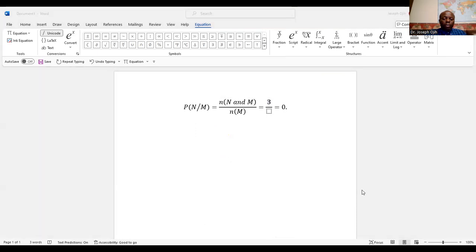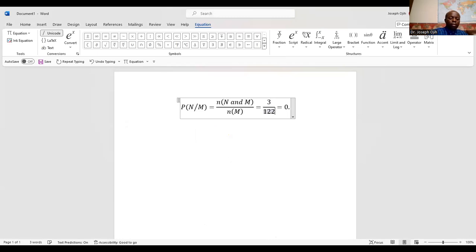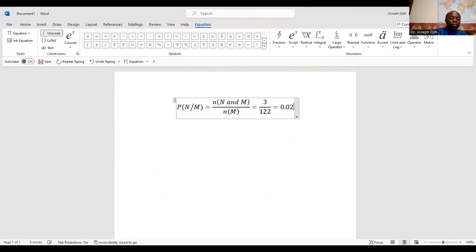The yes, that he used marijuana, is right here. It's 122. So it's going to be 0 point something. 3 divided by 122 gives us 0.025.